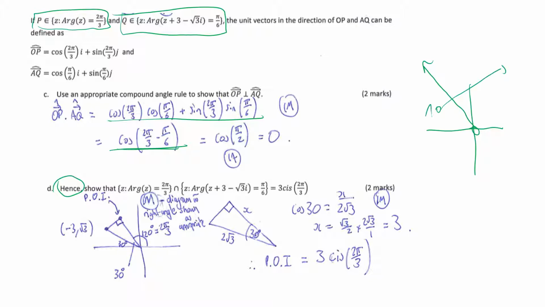Okay, there's point A, there's point O. And what this information suggests is that it's 90 degrees. So because we were dealing with unit vectors, it didn't really matter the length, but because their dot product is equal to 0, let's just call that point of intersection X, and that's the point minus 3 root 3.